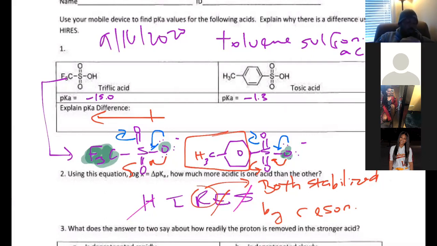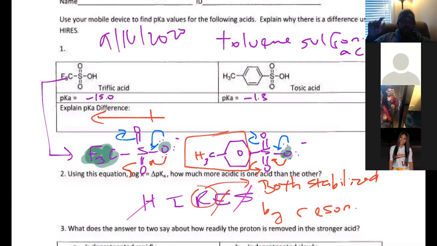So triflic acid is a stronger acid because it's stabilized by both resonance and induction. We would say the conjugate base is stabilized.